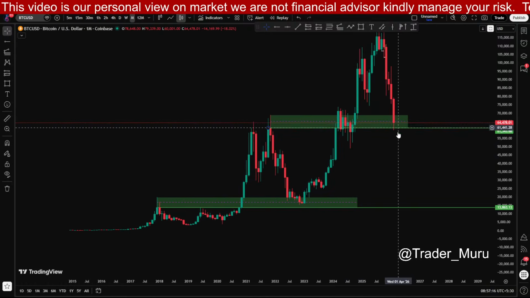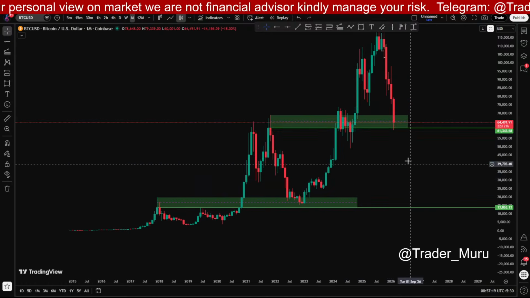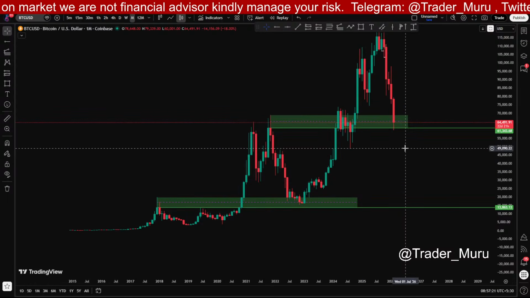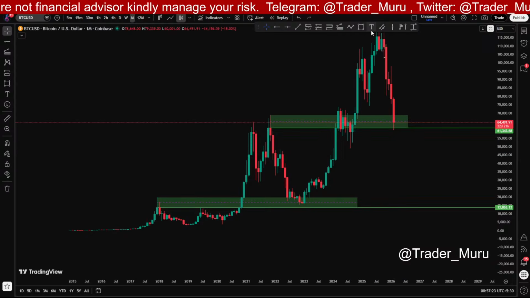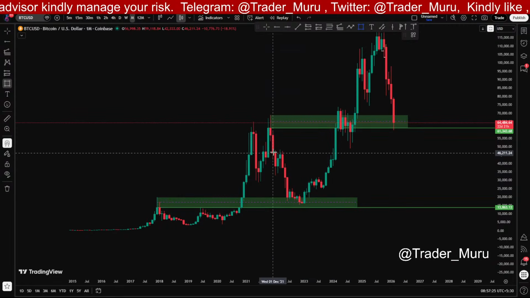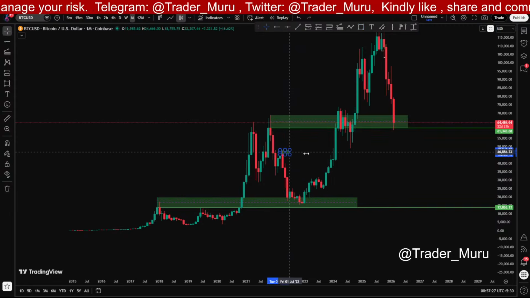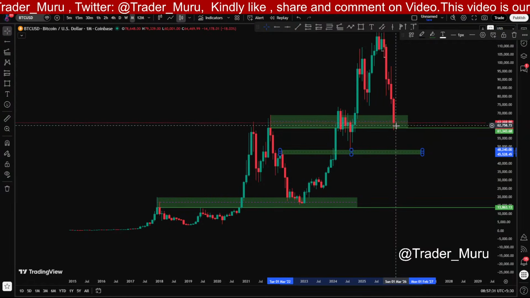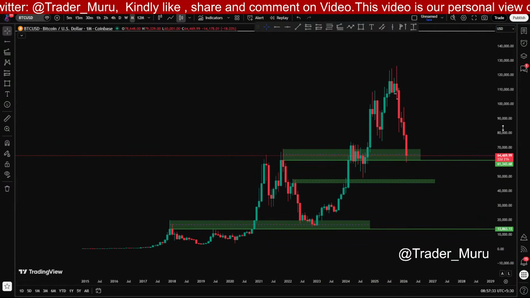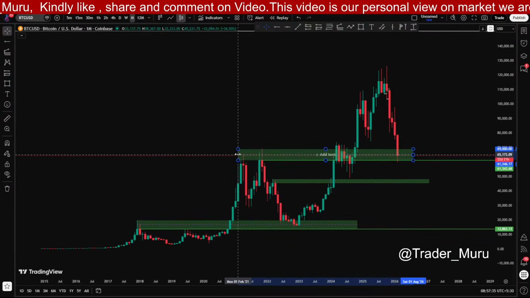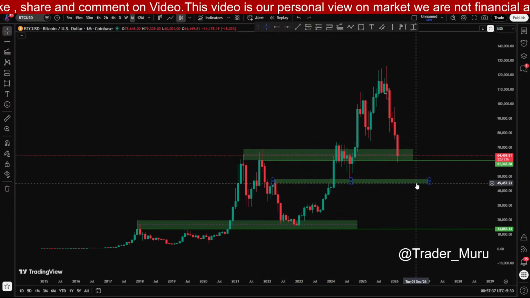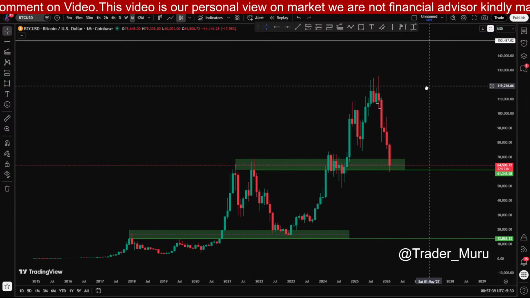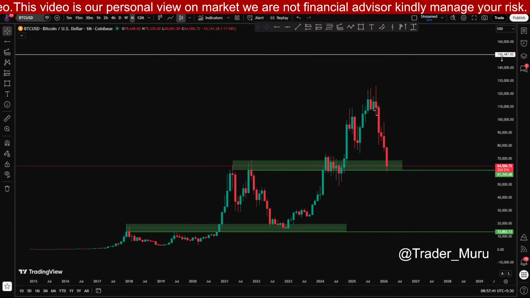So on a monthly close below, BTC is likely to test 50,000 and 48,000 here near this area again. And if monthly just sweeps the liquidity again and closes above, then this area will still be valid and it will be the bottom for the next ATH near about 150k.